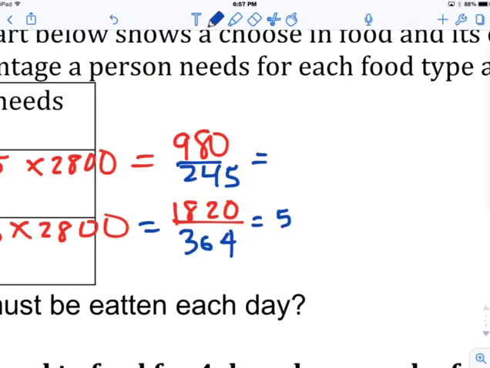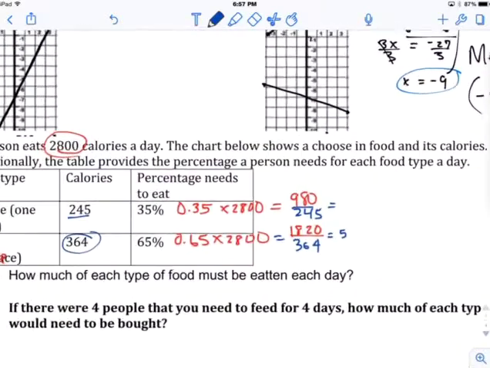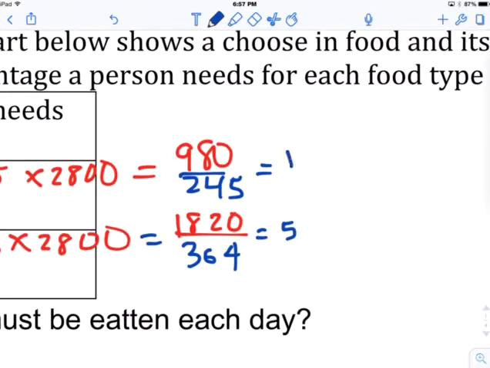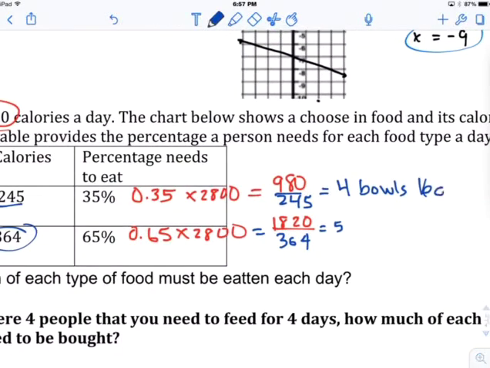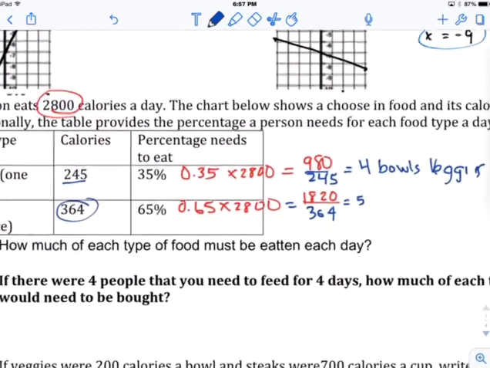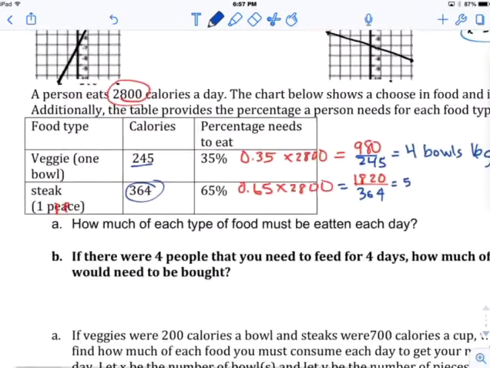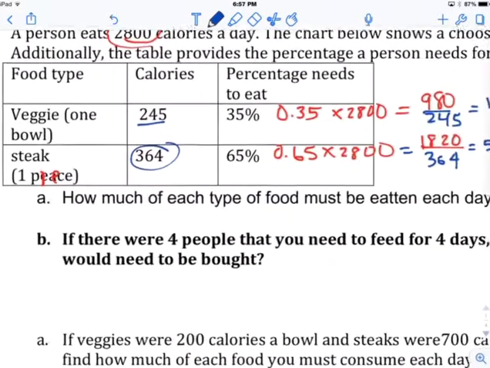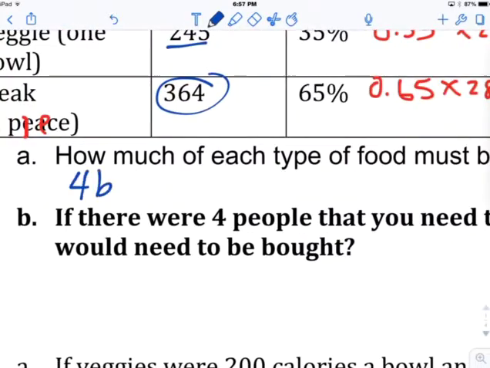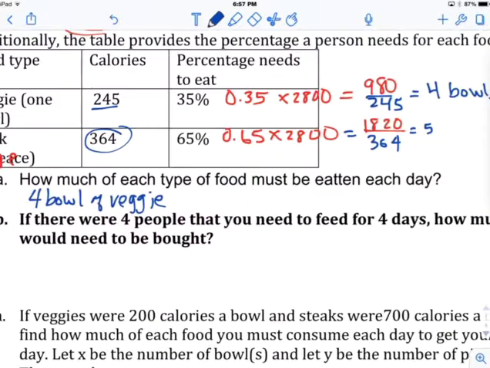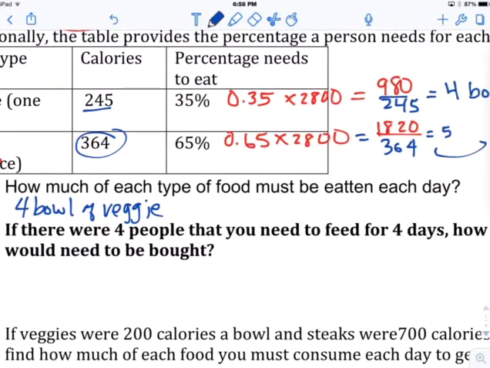Gets you 4 bowls of veggies. Okay, how much of each type of food must be eaten each day? Okay, 4 bowls of veggies and 5 pieces of steak. Answer the question though. Don't leave this blank on a test, even though you have it here.